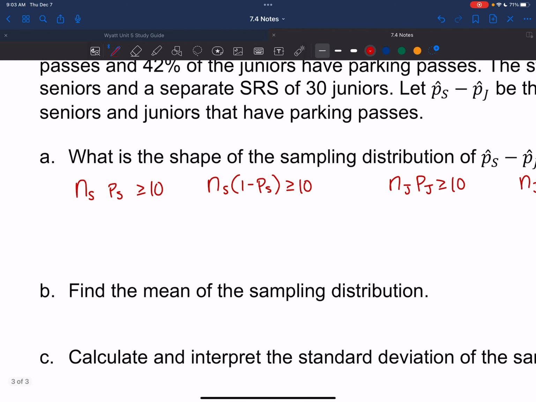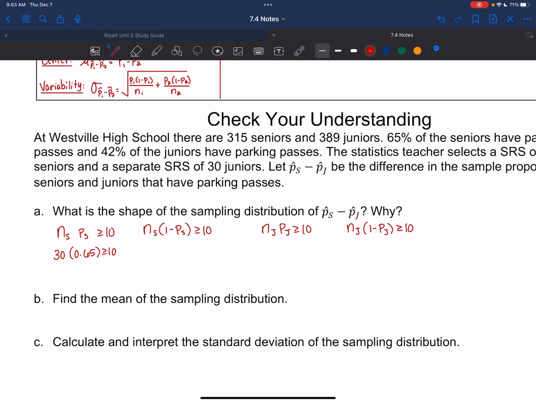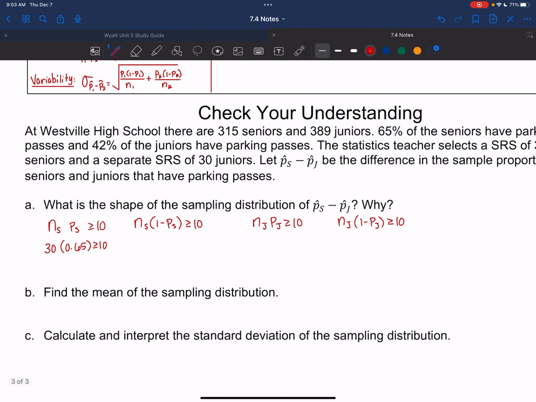So for the seniors, I've got 30 times 0.65, because we've got 65% of the seniors, and then 42% of the juniors.